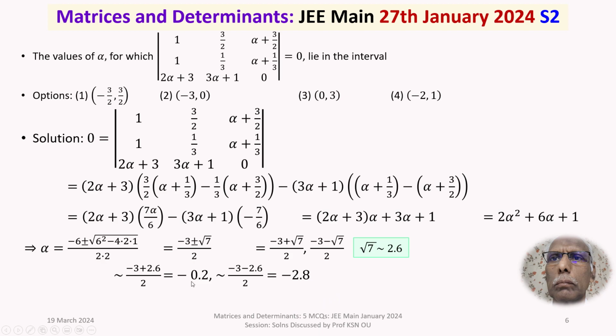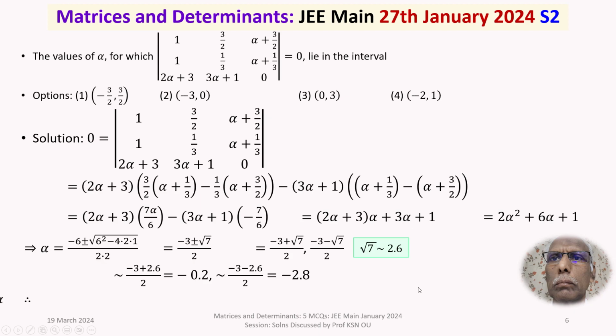So minus 0.2 lies in the first, but minus 2.8 does not belong to the first interval. And in the second interval, minus 0.2, minus 2.8, both belong to this open interval minus 3 to 0.